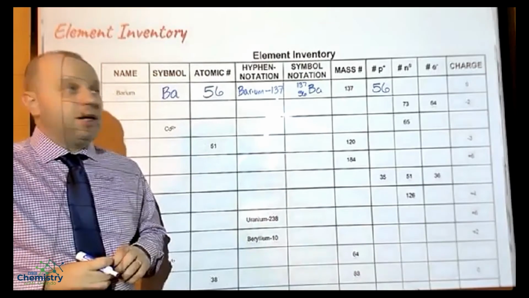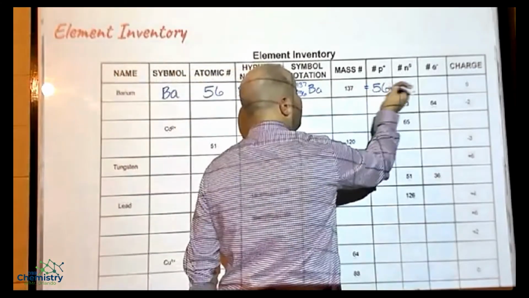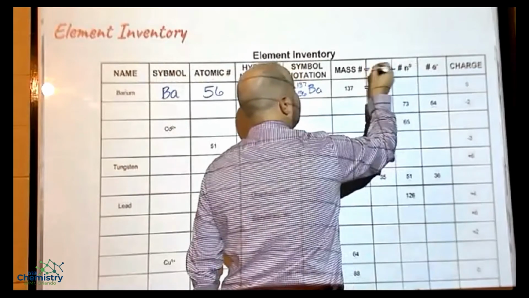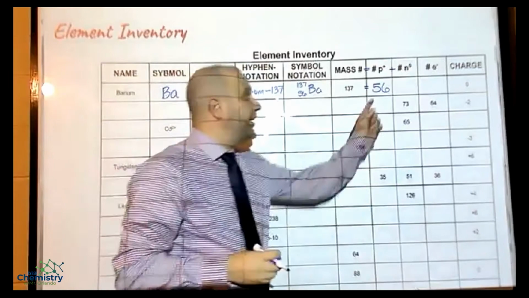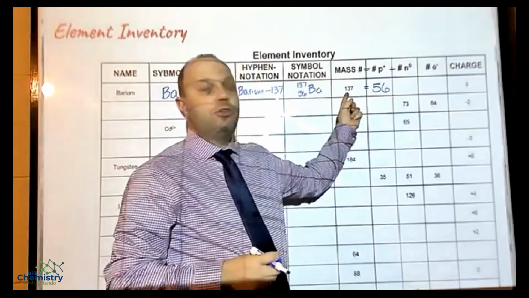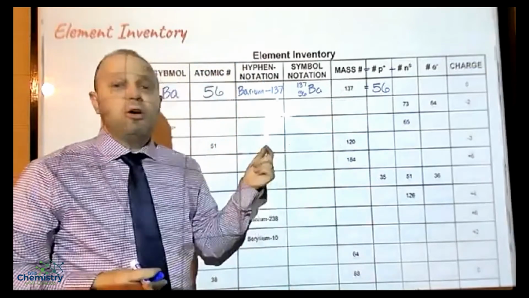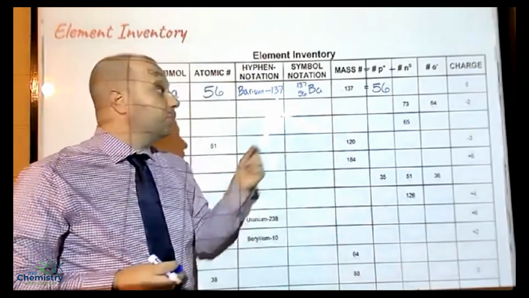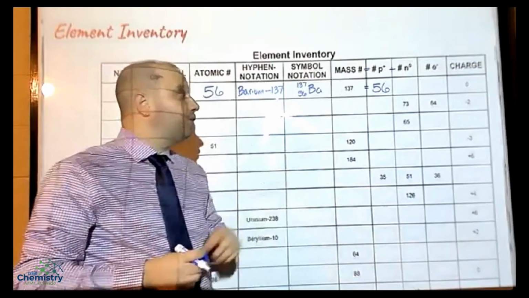The mass number is going to be equal to the number of protons plus the number of neutrons. So in this case, if I add these two numbers together, I'm going to get 137. So the question then becomes, okay, well, what number of neutrons, when I add it to 56, will end up giving me 137?